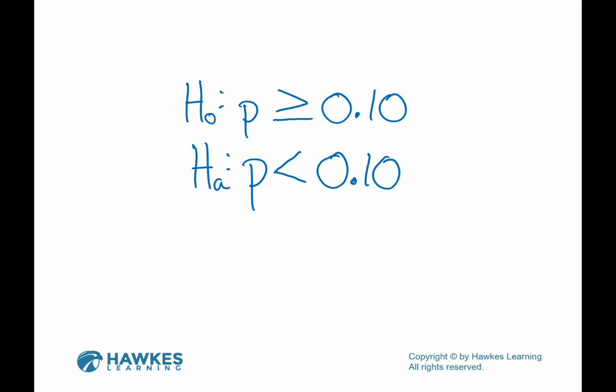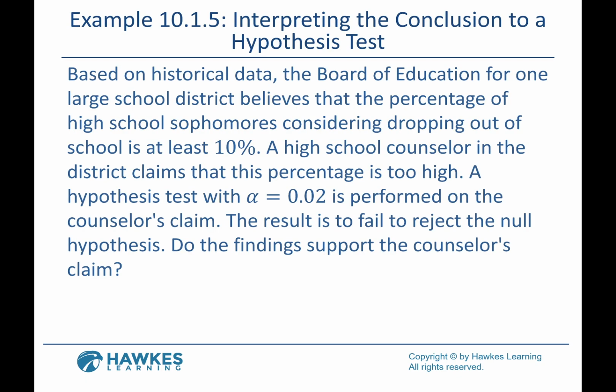So on that one, we could have potentially come up with a null hypothesis first and it would have been fine, because we could have seen this part first. It says, based on historical data, the Board of Education believes that the percentage is at least 10%. That would be greater than or equal to 10%.